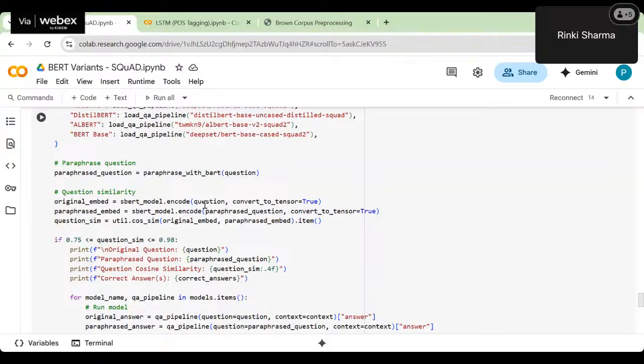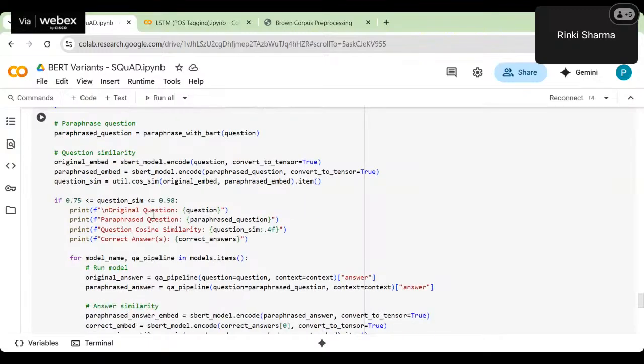We calculate the cosine similarity between them, just to see to what extent the paraphrase model changed the original question. Here we took our threshold as 0.75 to 0.98.